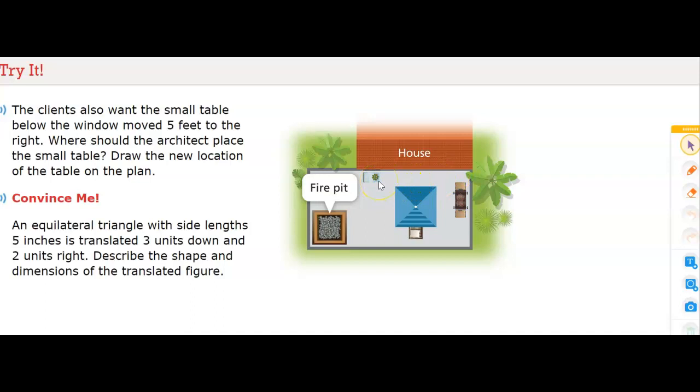This is not going to be exact, but it says 5 feet to the right, so I'm just going to assume that it might be here. I don't know exactly how long the distance would be, but let's just say about here. The main thing is understanding that it moves 5 spaces to the right.